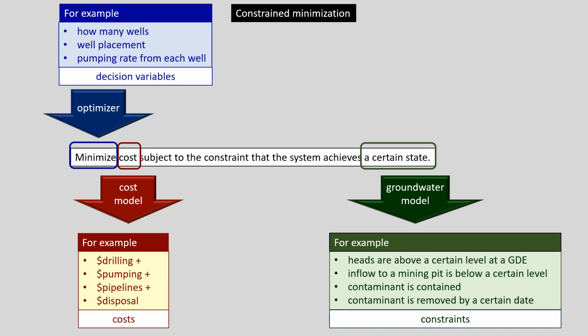These are referred to as decision variables. These are the things that an optimization program has to minimize subject to the constraint that we achieve our management goals. So that's how constrained minimization works. Minimize costs subject to the constraint that we achieve certain management objectives.